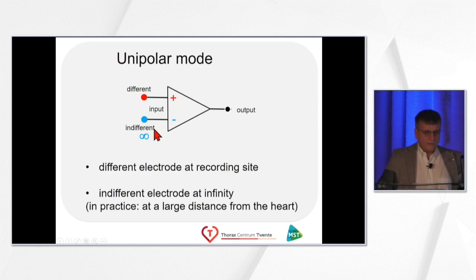In theory, that will be an electrode located at infinite distance from the heart, but of course in practice that is a little bit difficult, so you usually choose a remote site from the heart, for instance an electrode in the inferior caval vein or Wilson central terminal reconstructed from the surface ECG.